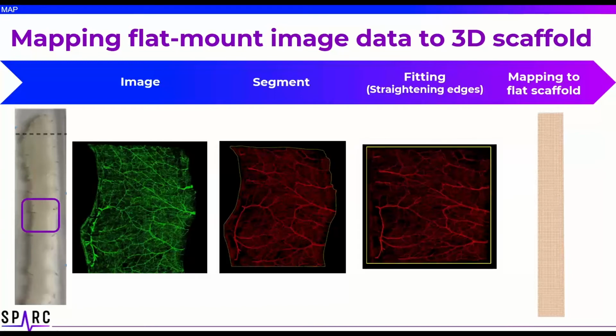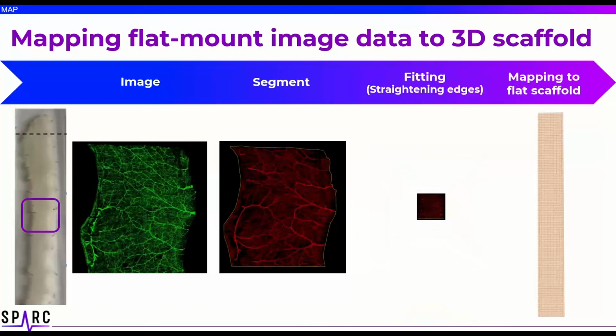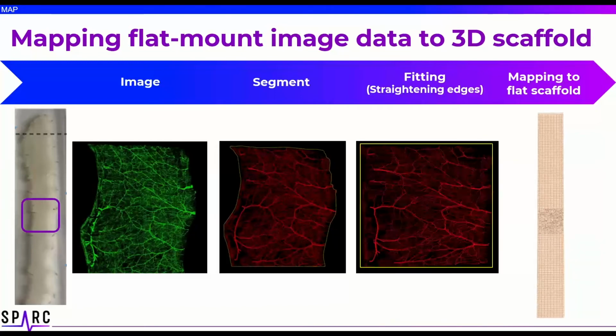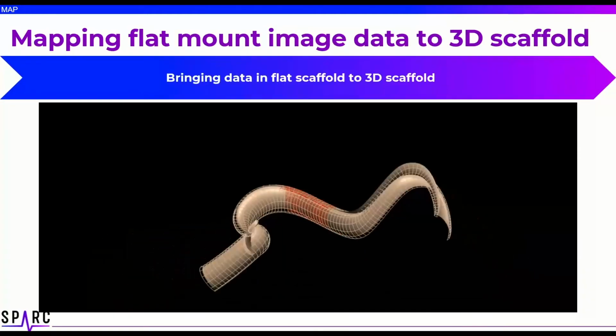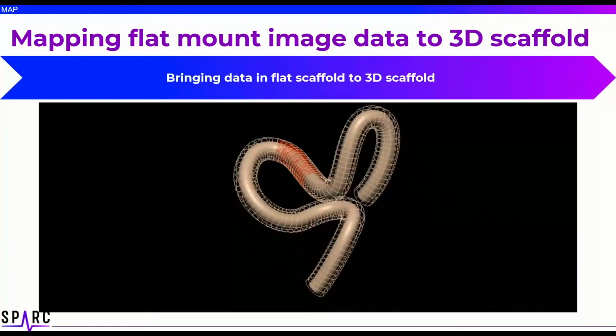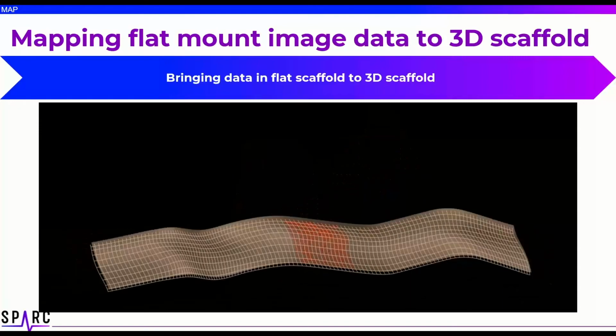The data is then mapped onto the correct location on a flat colon scaffold using the information of where the sample was collected from. From here, the scaffold and its embedded image data can be folded back into its 3D configuration.